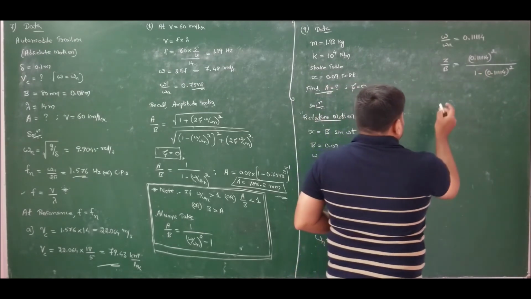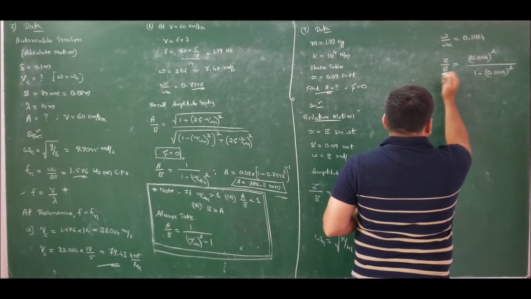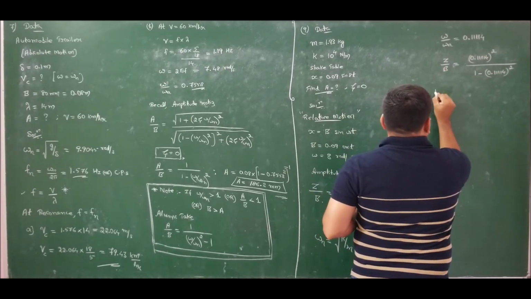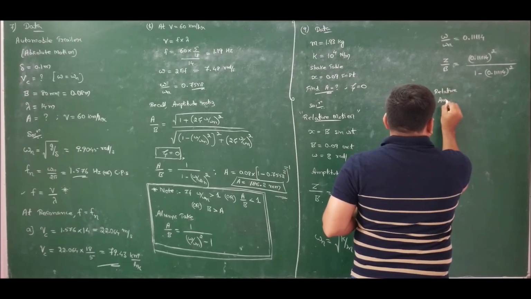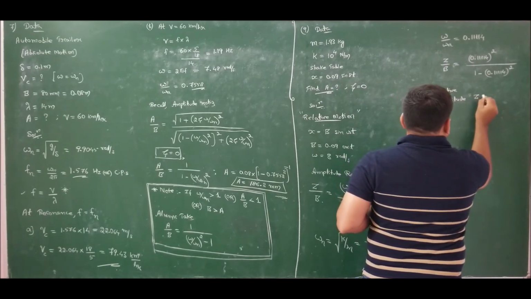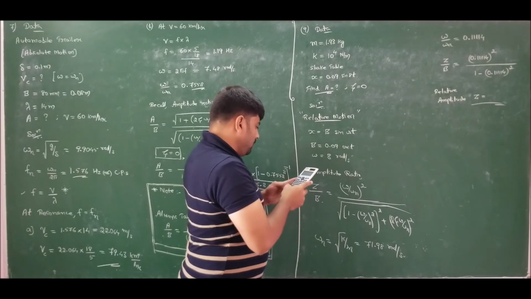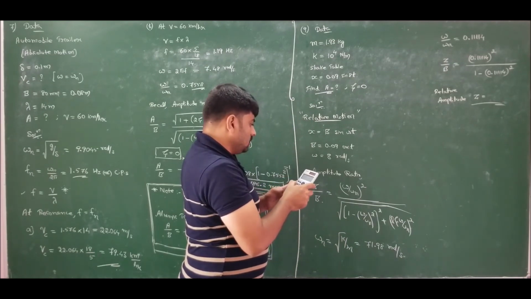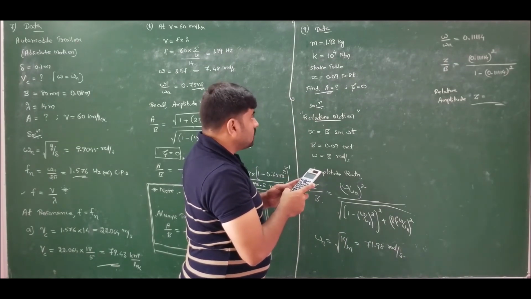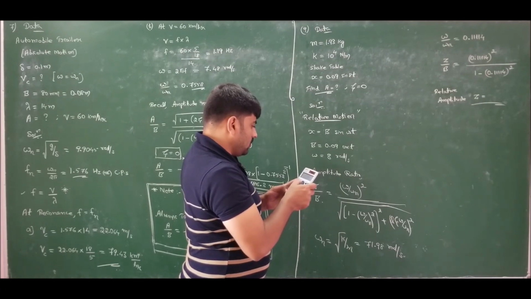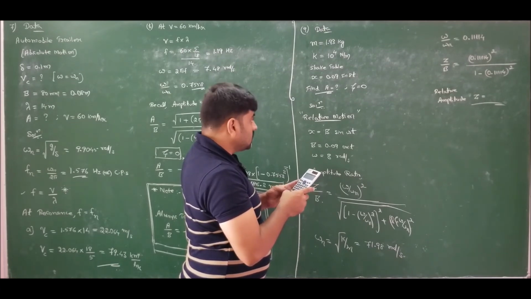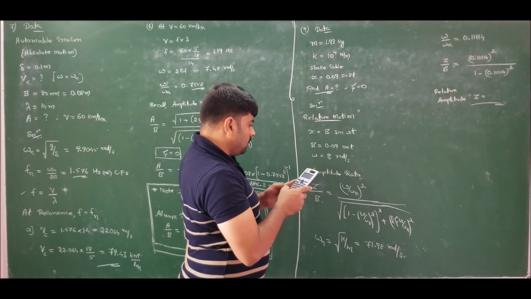So now what will you get? The value of z, the relative displacement, known as the relative amplitude, will be b into that one. How much is b? b is 0.09 into 0.11114 square divided by 1 minus 0.11114 square.